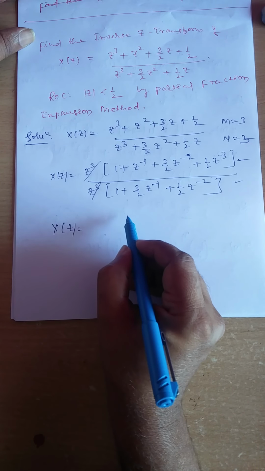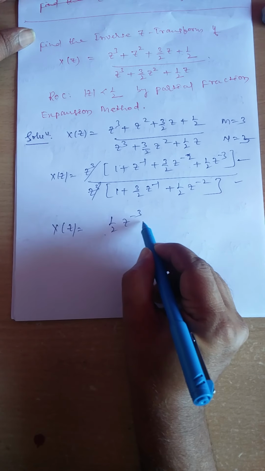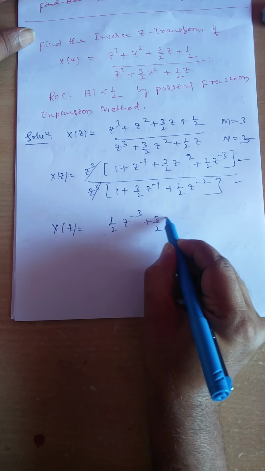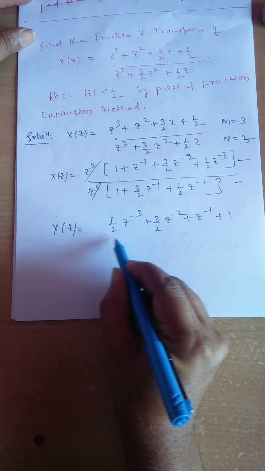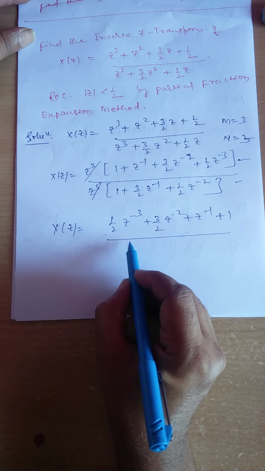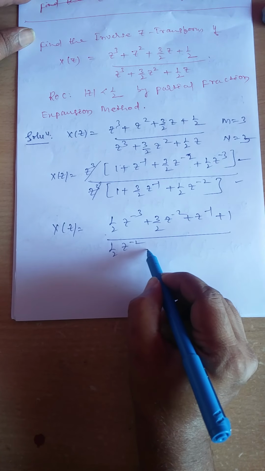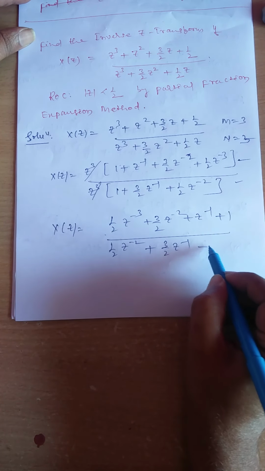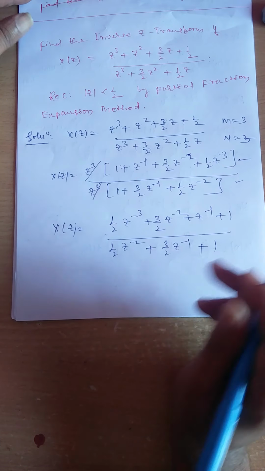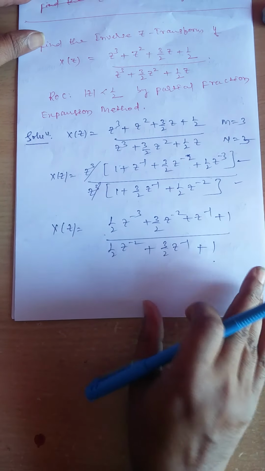We can write this equation as (1/2 z⁻³ + 3/2 z⁻² + z⁻¹ + 1) divided by (1/2 z⁻² + 3/2 z⁻¹ + 1). Since the numerator degree is the same as the denominator degree, we should divide the numerator by the denominator.